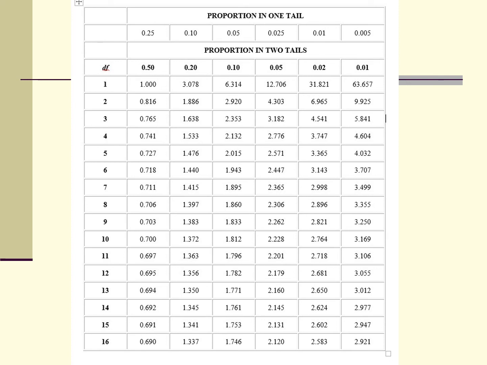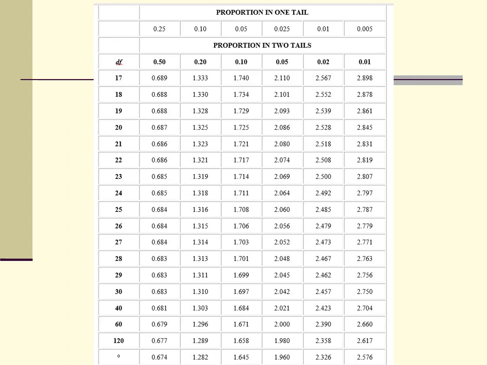Our degree of freedom is 49, so it resumes on the next page. This page presents the degree of freedom from 17 to 60, then 120. Beyond 120 is actually the normal distribution curve, so everything just clusters into the last row.